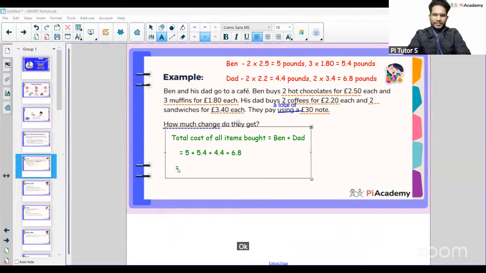Meanwhile, let us see what this is. We have 5 plus 5.4 plus 4.4 plus 6.8.